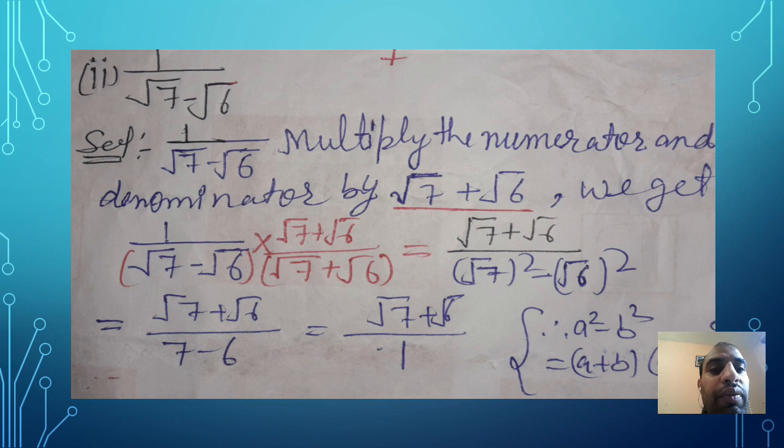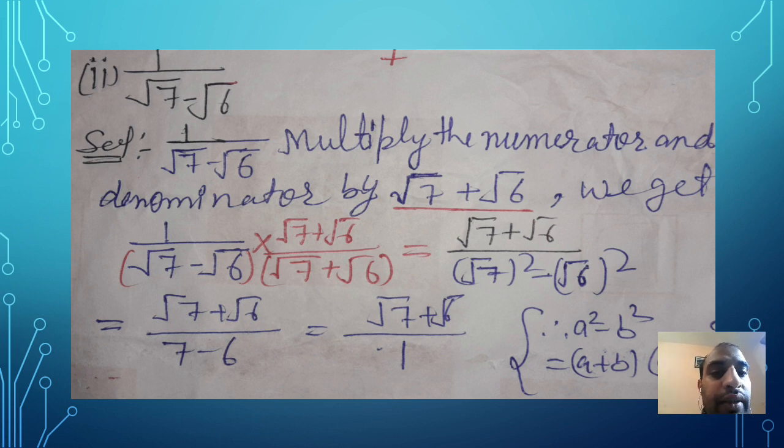That means if we want to calculate its rationalized form, we need to convert this sign into plus and both terms remain similar. So we write 1 upon under root 7 minus under root 6, and multiply the numerator and denominator both by under root 7 plus under root 6. You can see I underlined this under root 7 plus under root 6. The terms are similar, just the middle sign is changed.